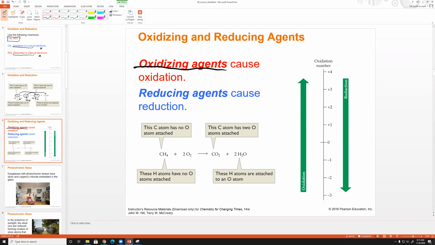So let's just reiterate this equation again. You have the carbon that has hydrogens, it loses the hydrogens and gains oxygens. That means the carbon is oxidized, right? So it itself is oxidized. That means it doesn't cause oxidation.